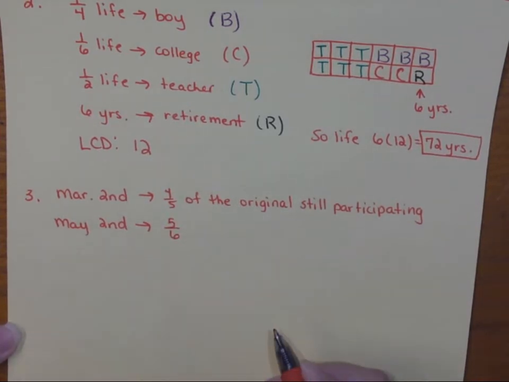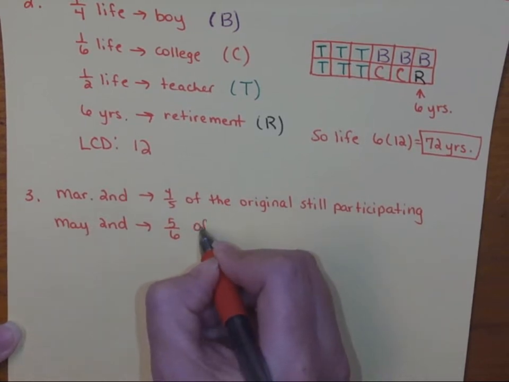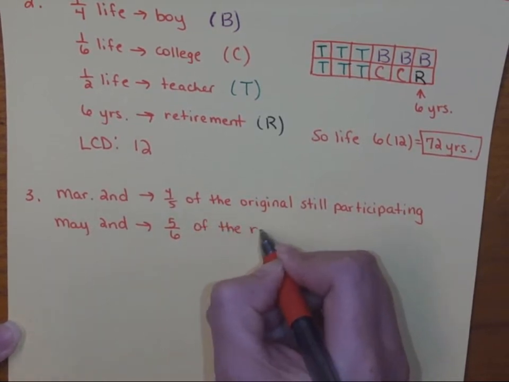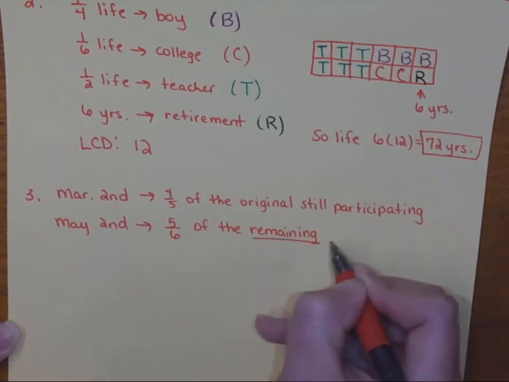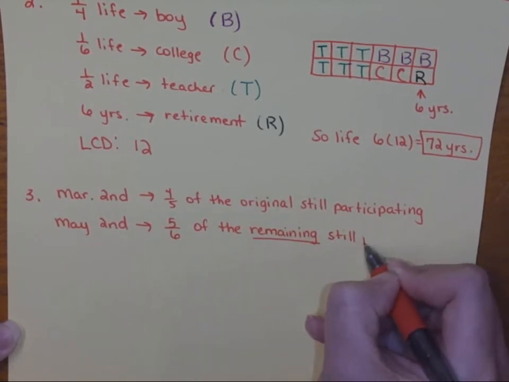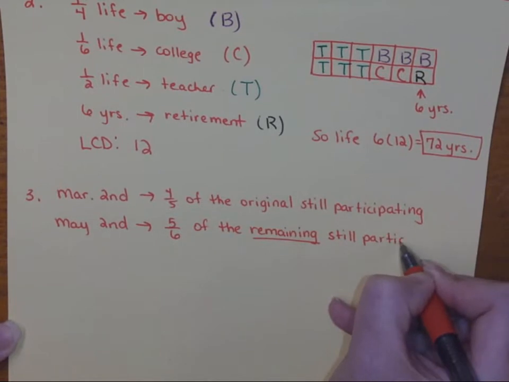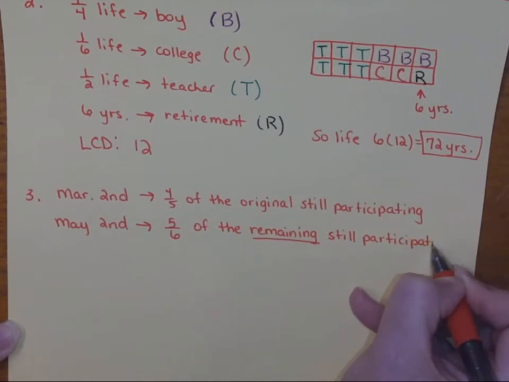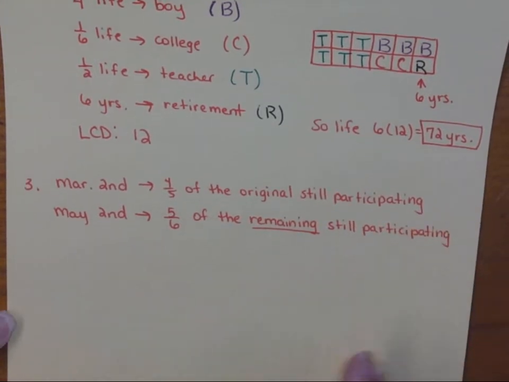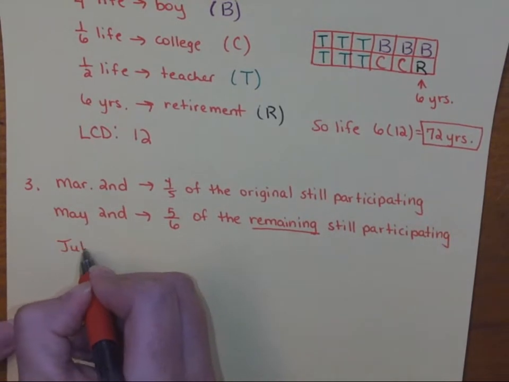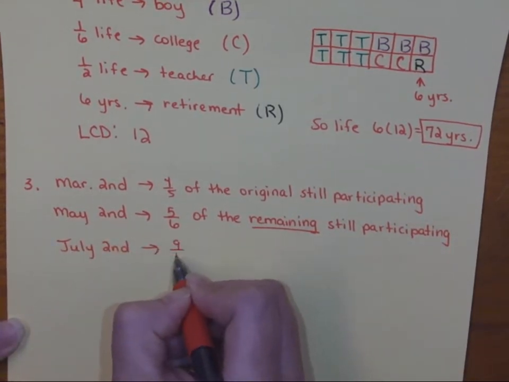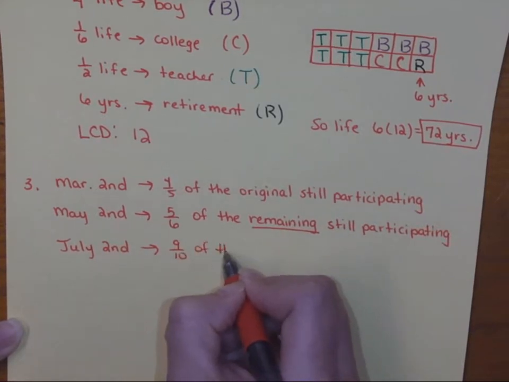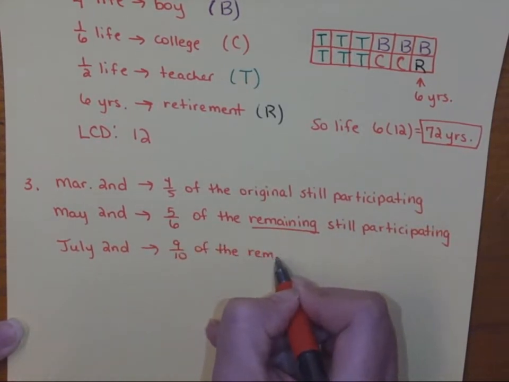But May 2nd, 5/6 of the remaining were still participating. And then finally, by July 2nd, only 9/10 of the remaining were participating.